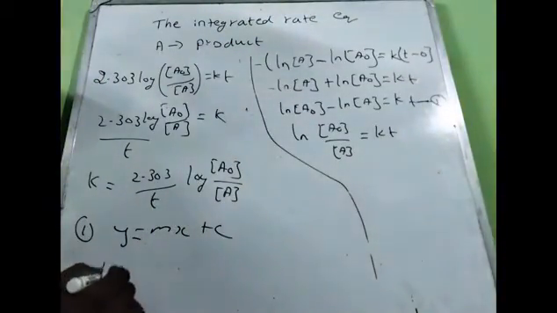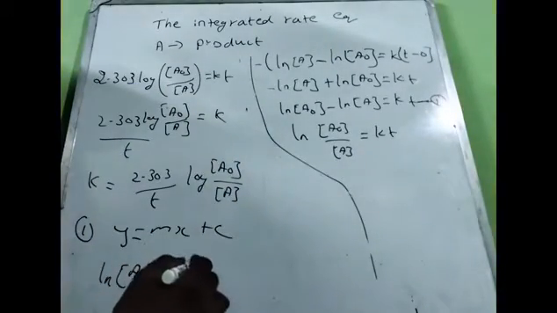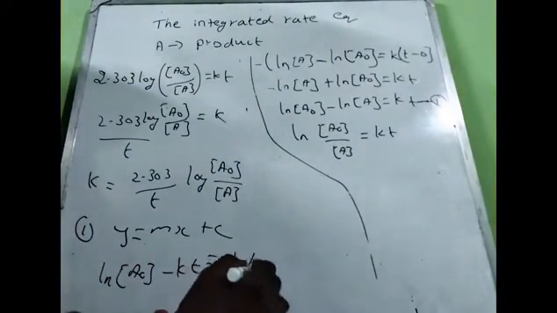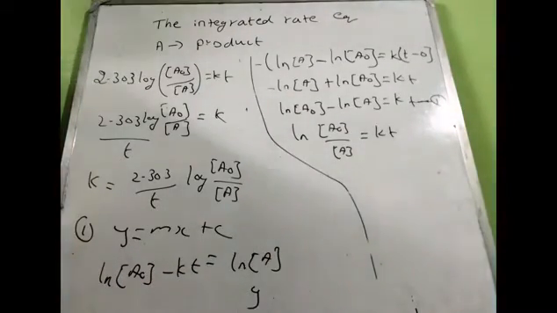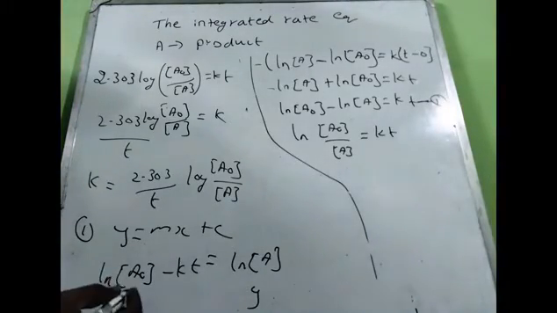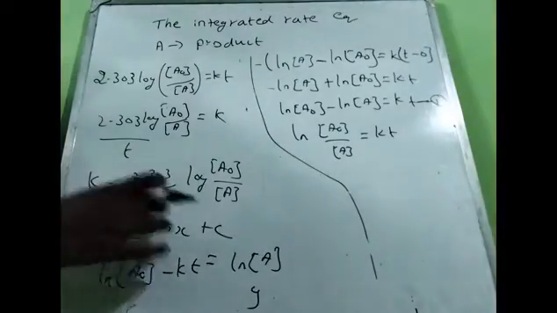So ln a naught, then it becomes minus kd equals ln a. That stands for y. So ln a naught is a constant term. This stands for c. It's the mx value. So this is y equals mx plus c.